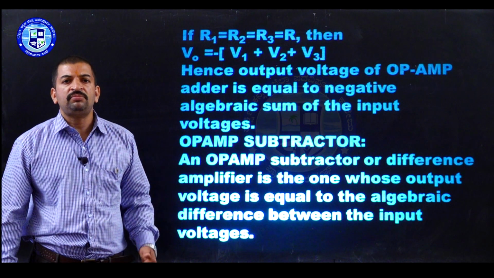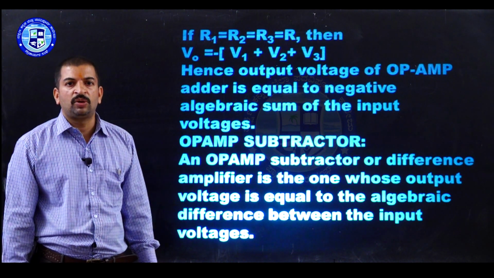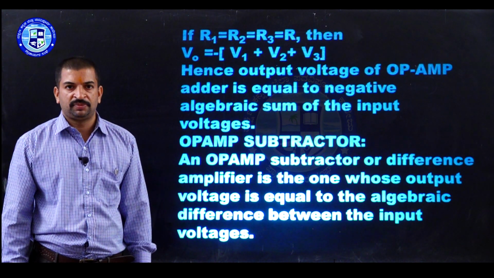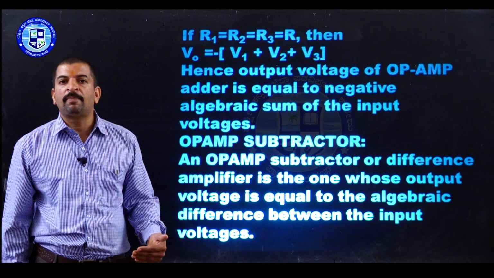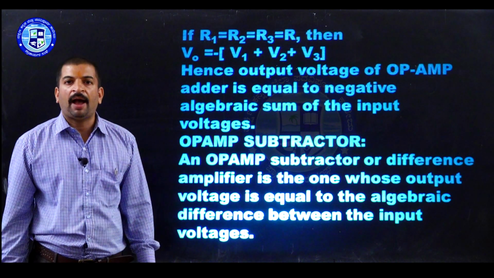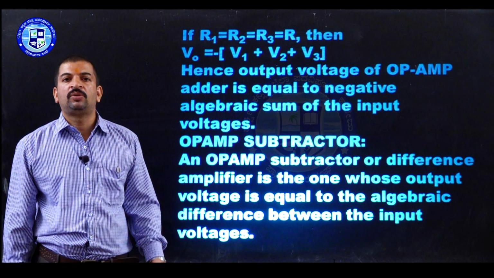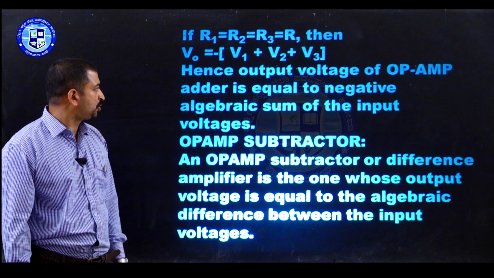Hence, the output voltage of the op-amp adder is equal to the negative algebraic sum of the input voltages. Hence, the circuit can be used as an op-amp adder or summing amplifier. So, it is an amplifier whose output voltage is equal to the algebraic sum of the input voltages.